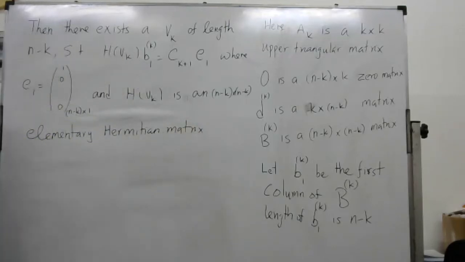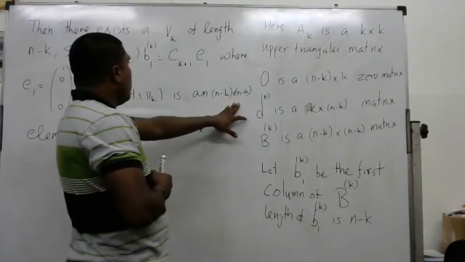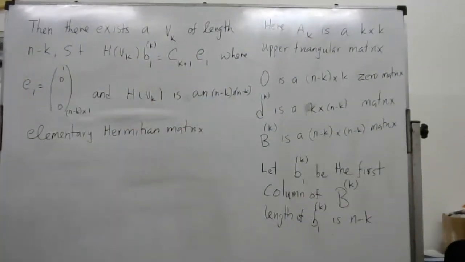By applying the previous lemma, the lemma we studied last class, because B1k is of size n minus k, we get a column vector of size n minus k, which helps us form an elementary Hermitian matrix of size n minus k cross n minus k, such that when you multiply the column vector B1k by the elementary Hermitian matrix, you get some constant ck plus 1 times the E1 unit vector, but this unit vector is of small size, n minus k plus 1. This is what we get by applying the previous lemma.